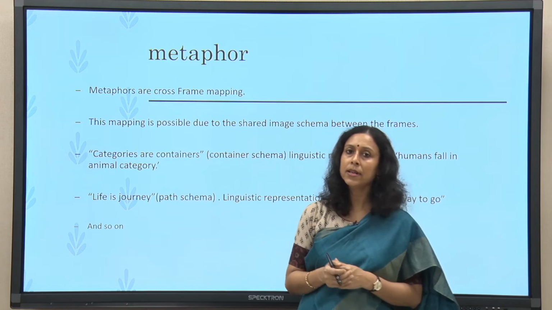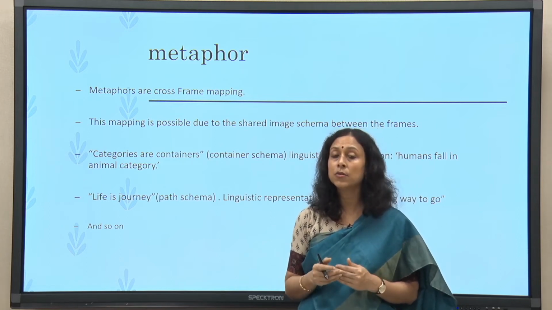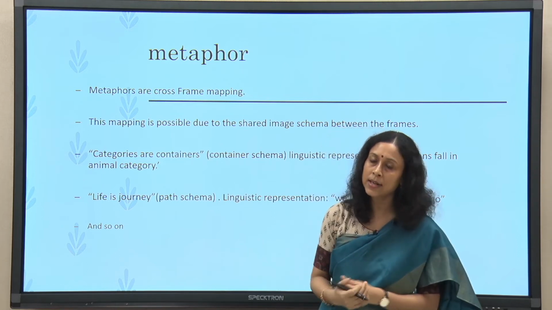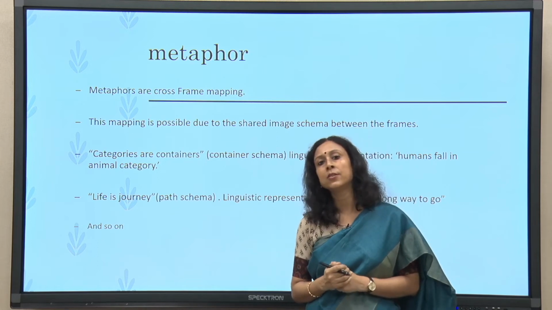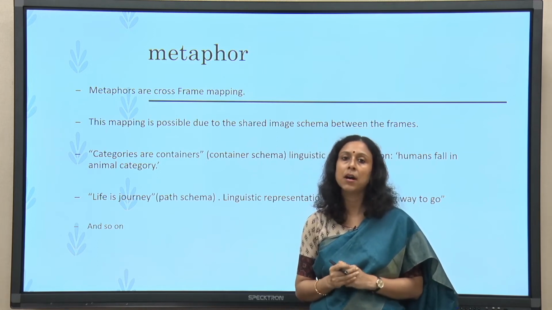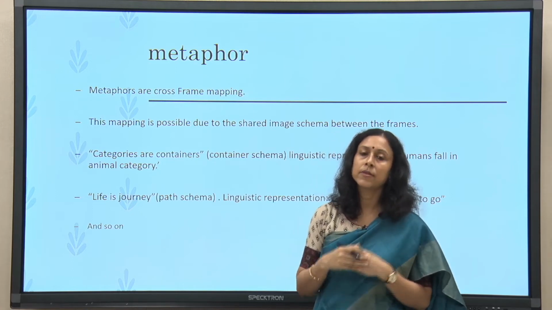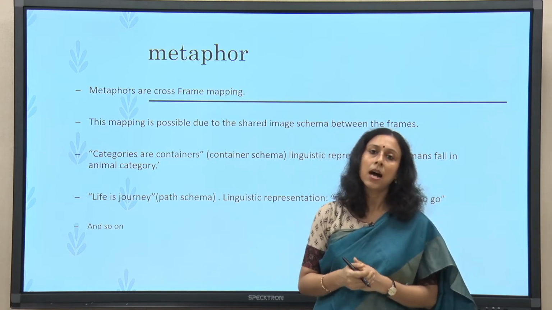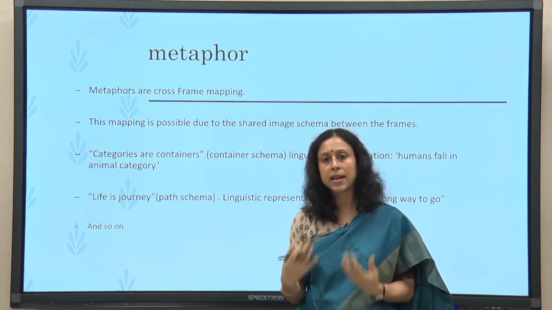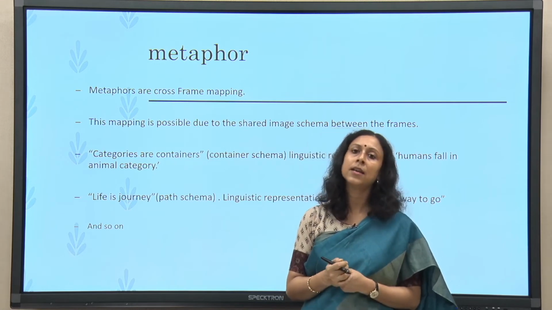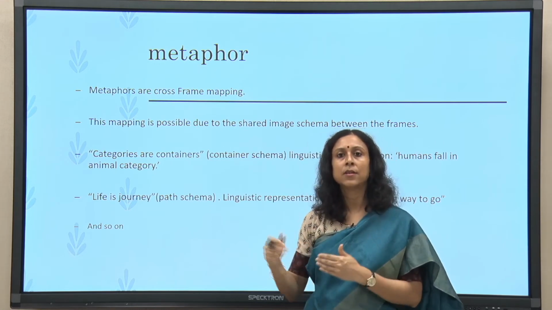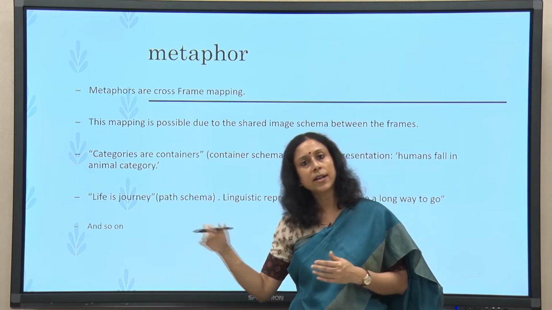So, what is happening here is how do we map one frame onto another is basically dependent on the shared image schema of these two frames. So, basically when we think about life, when we understand life, you take any particular aspect of life, there is a beginning, there is a journey, there are points on that journey.